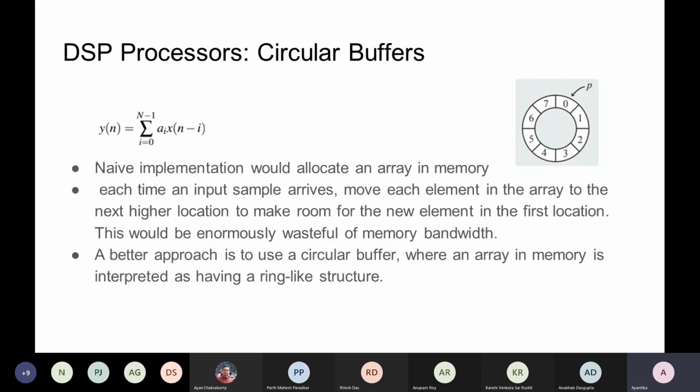I'm just telling the idea today; next day we will explain it in more detail. We have to do, like in matrix multiplication or convolution, this type of repeated multiplication and then addition, right?